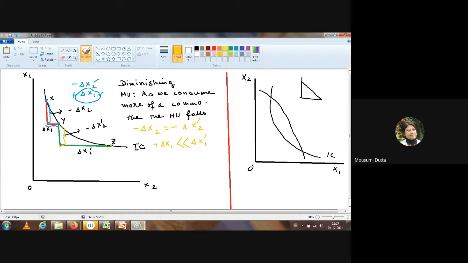Intuitively, we interpret this using the idea of diminishing marginal utility. We try to explain why the consumer needs more and more of a commodity while moving from one point to another in terms of diminishing marginal utility. So let me first define what is meant by marginal utility.